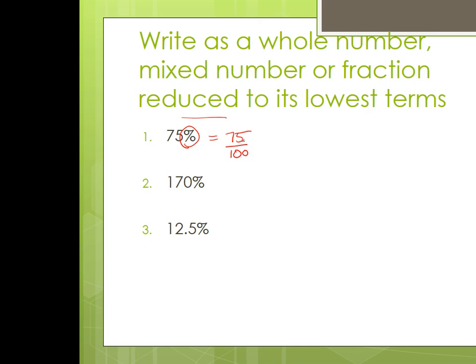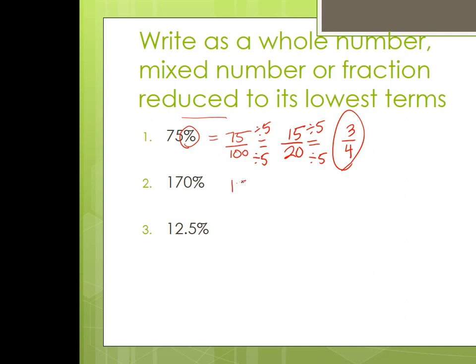So let's say 25 will go into both of them, but let's say you didn't recognize that and you said, well, I know 5 goes into this one and this one. So if you divide that by 5, you get 15. If you divide that by 5, you get 20. Now this is still not in the lowest form, so you can keep going. Those both divide by 5 to give you 3 over 4. That's as far as you can go.